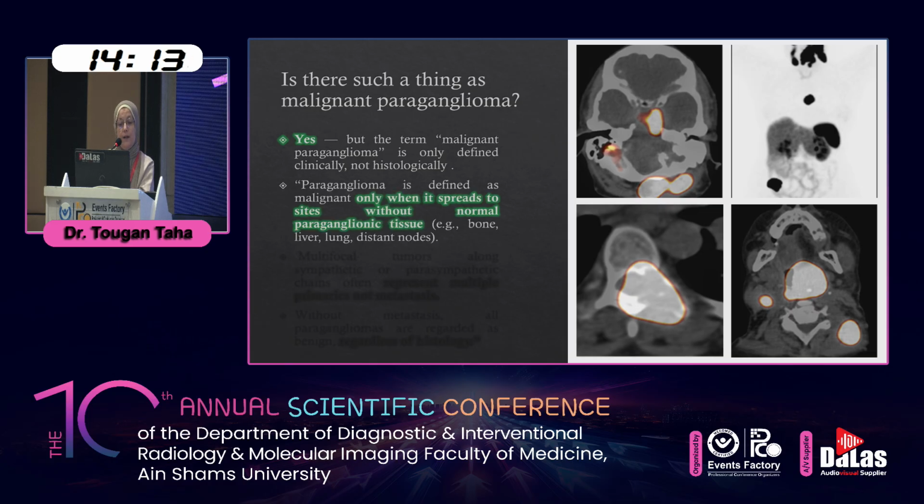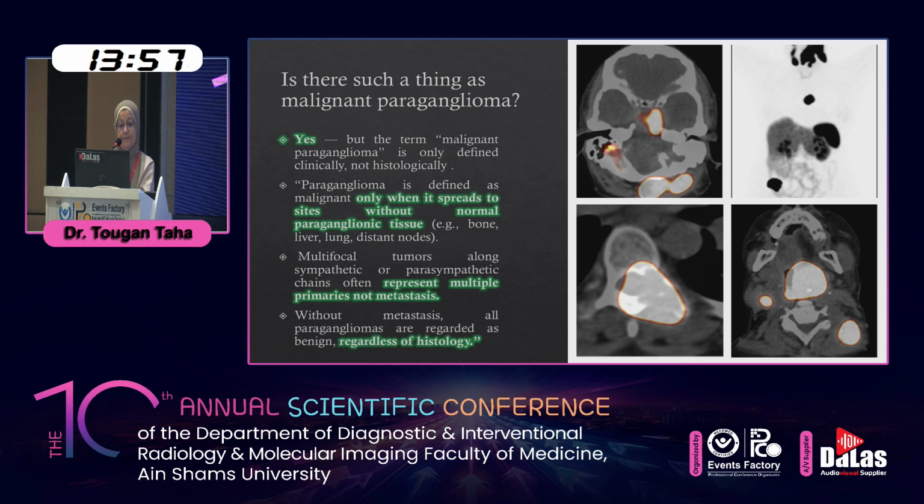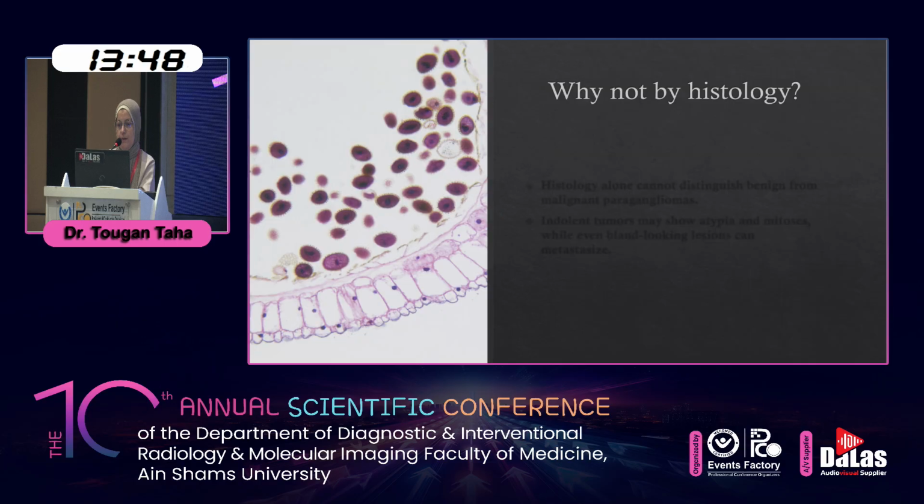Paraganglioma is defined as malignant only when spread to sites without normal paraganglionic tissue. Multiple tumors along the sympathetic or parasympathetic chain often represent multiple primaries and not metastasis. Without metastasis, all paragangliomas are regarded as benign regardless of the histology.